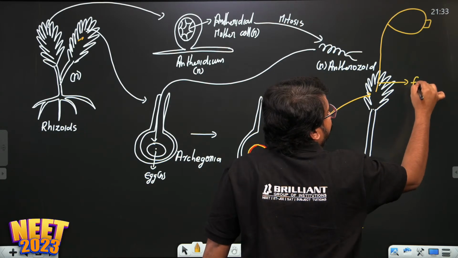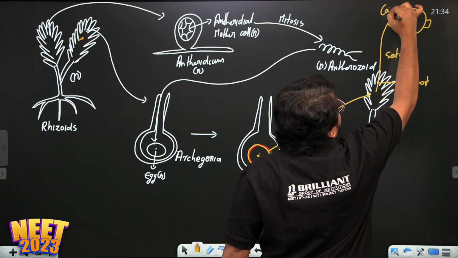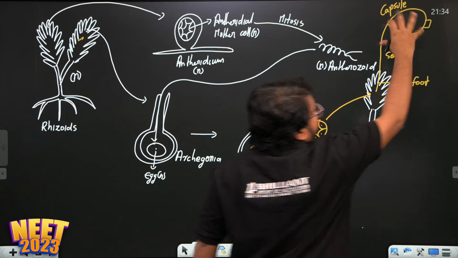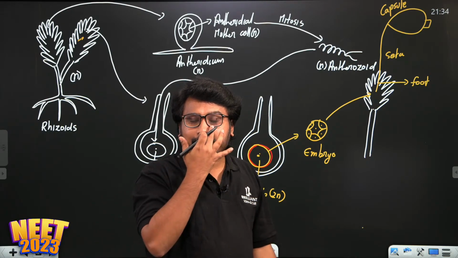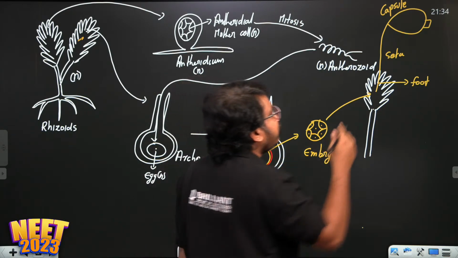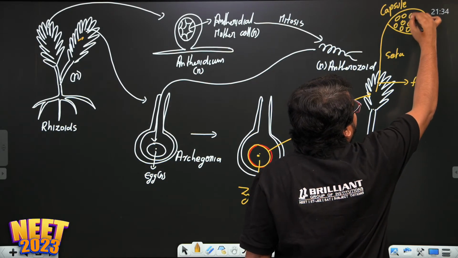This structure is called foot, seta and capsule. So whatever I am drawing in yellow color, that is the sporophyte, and the rest represents the gametophyte. And inside the capsule only they have the spore mother cell.